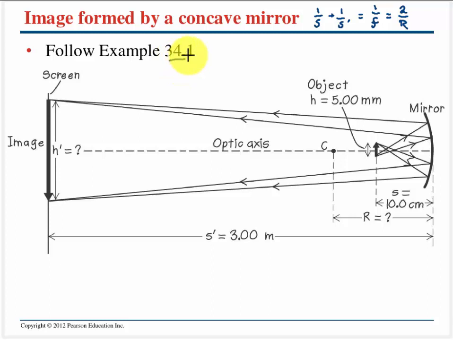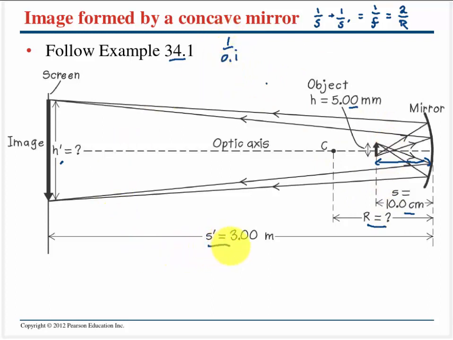So let's take a look at example 31.4, where we have an object that's 10 centimeters away from the mirror. So that's going to be our object distance, 10 centimeters. We're looking for the height on the screen. We also don't explicitly know the radius of curvature. We know the object height. So let's say, what can we solve for? First, we can solve for the radius of curvature. This object distance is 10 centimeters, so it's going to be 1 over 0.1 meters.